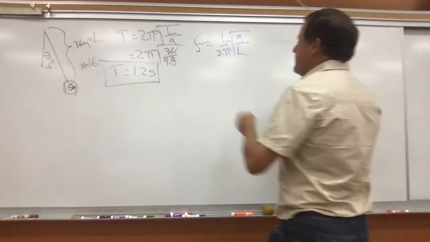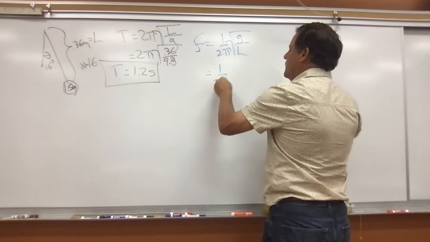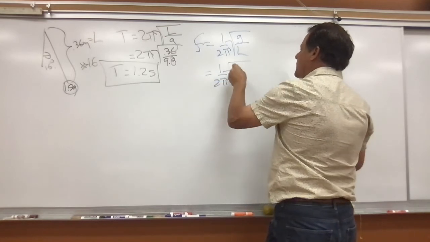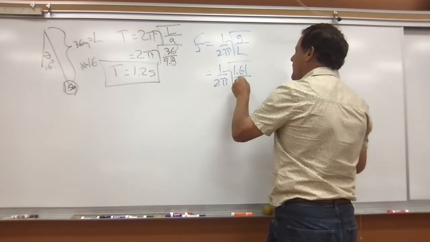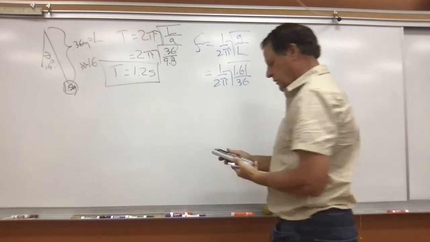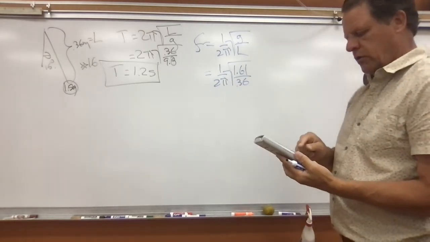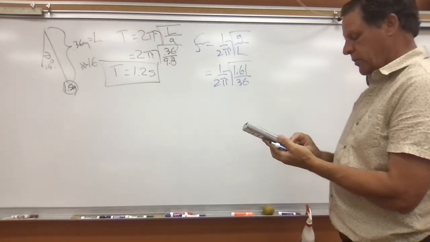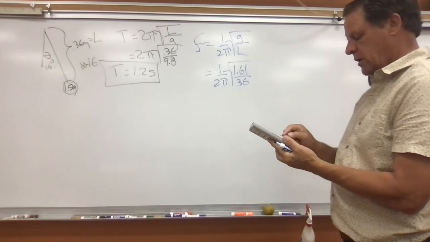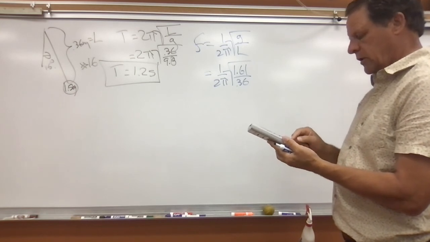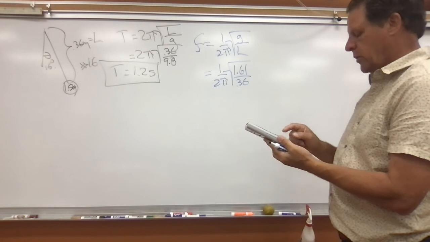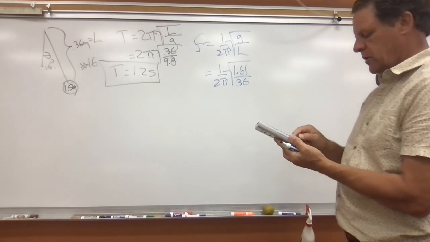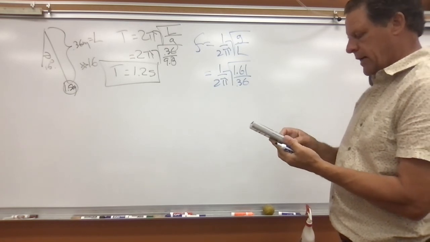But either way, we're going to say 1 over 2 pi times the square root of 1.61 divided by 0.36. So the square root of 1.61 divided by 0.36 gives us 2.1, divided by 2, divided by pi.